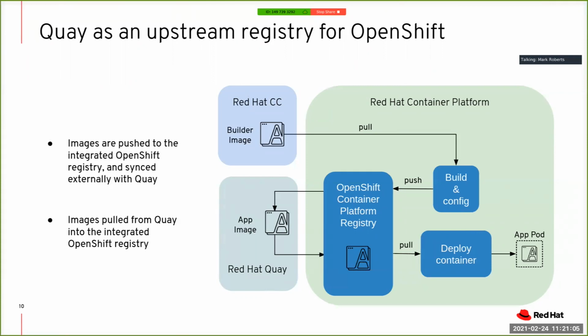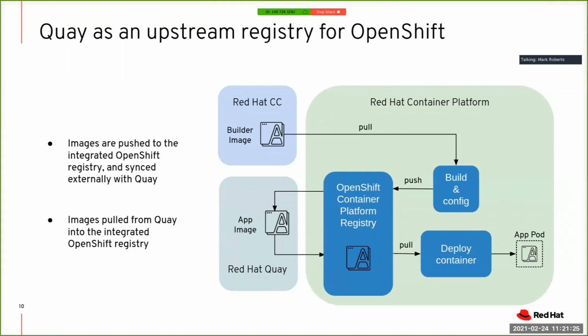And we can then use those directly from within OpenShift. So ignore the bit that says Red Hat Quay for the moment. Just focus on the push from the build and config into the OpenShift container platform, and then a pull to deploy that container image. And we have that then running on the OpenShift platform.